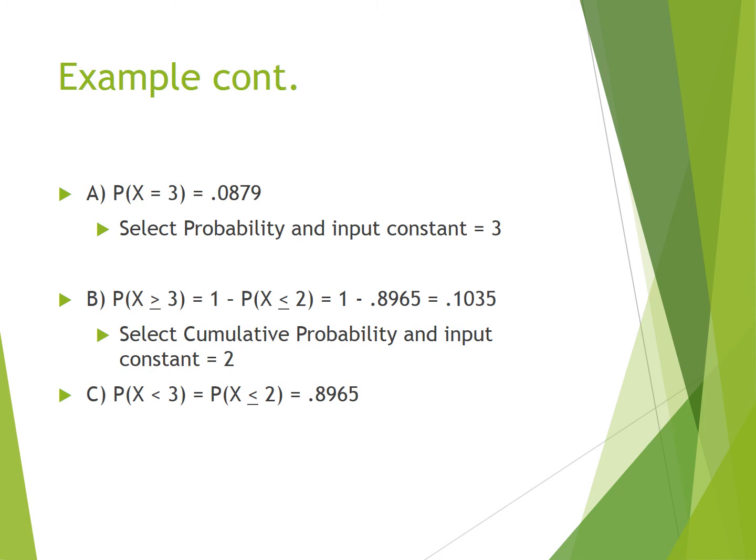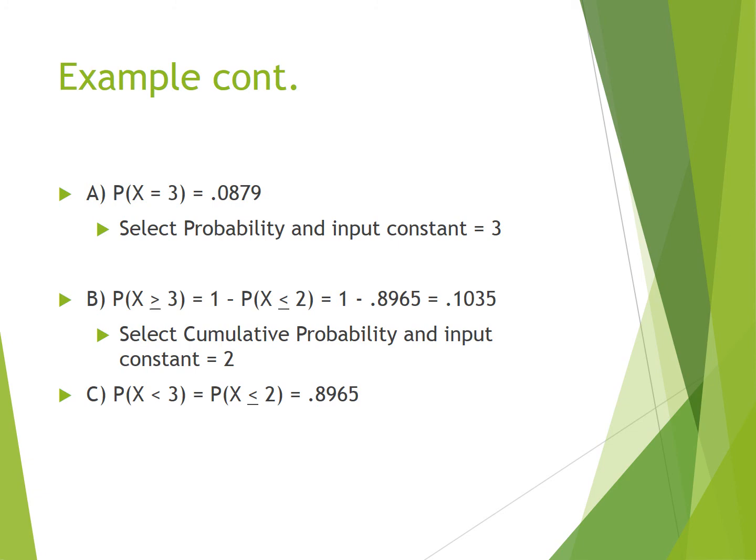Greater than or equal to 3 includes the 3. So we want to subtract out all the values 2 or smaller. When you click OK, you get 0.8965. Then with your own calculator, you do 1 minus 0.8965, and the answer is 0.1035.